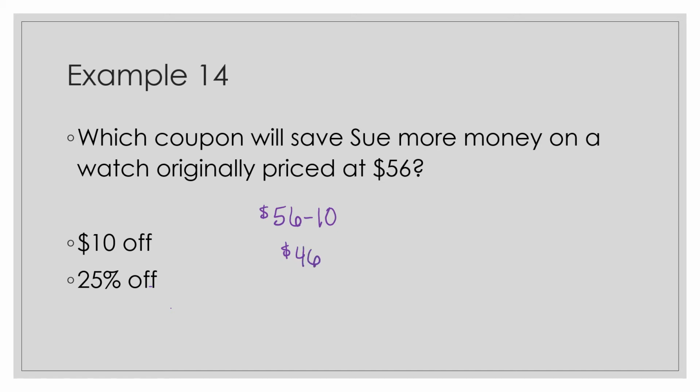However, if we went with the 25% off, then we would do 25% multiplied by the 56, which gives us 14. So 14 is our discount. So we would do 56 minus 14, which gives us $42.